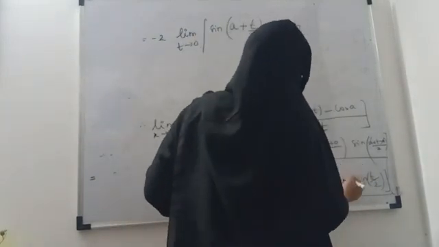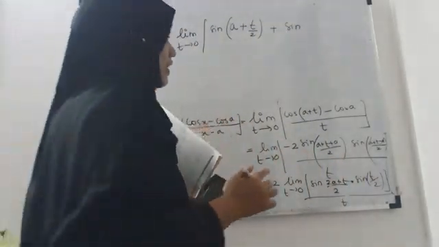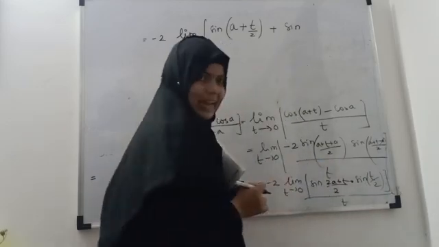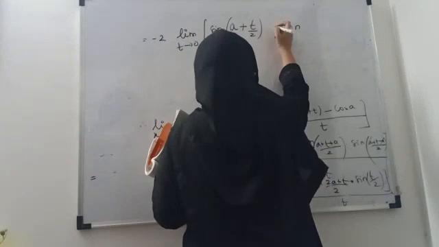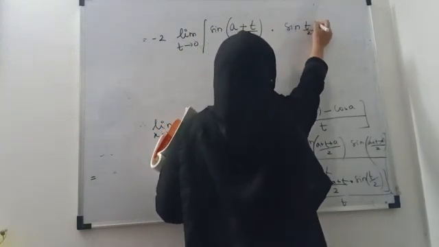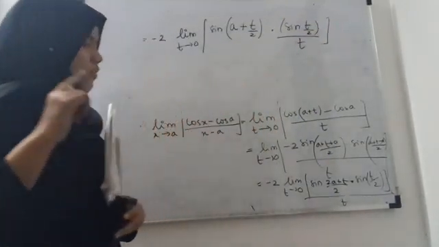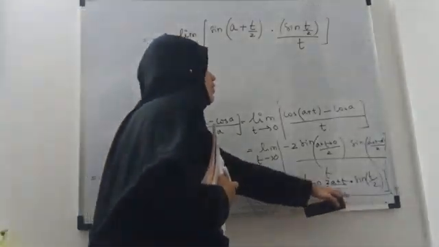See, this is in multiplication, right? Minus 2 times sin. So what we will do? We will give this t to the second term. We will not use it for the first term. So we will give this in sin of t upon 2 divided by t. We will give the t in the denominator to the second term.